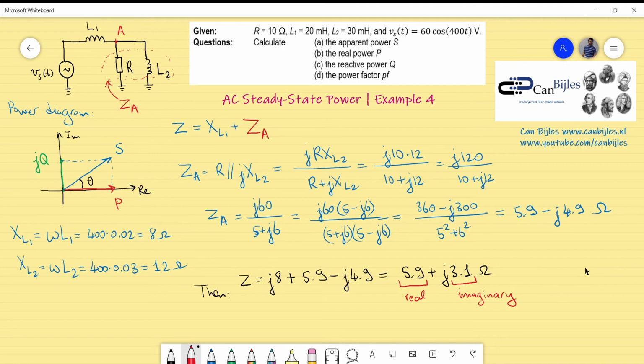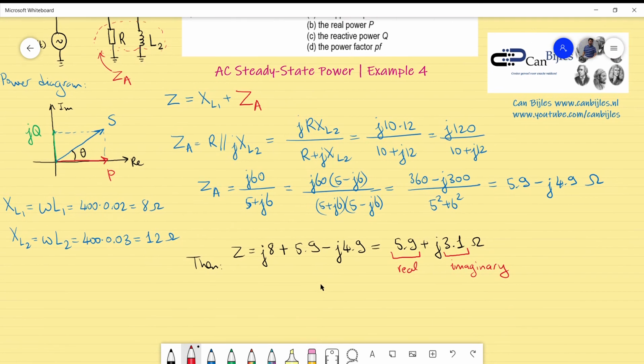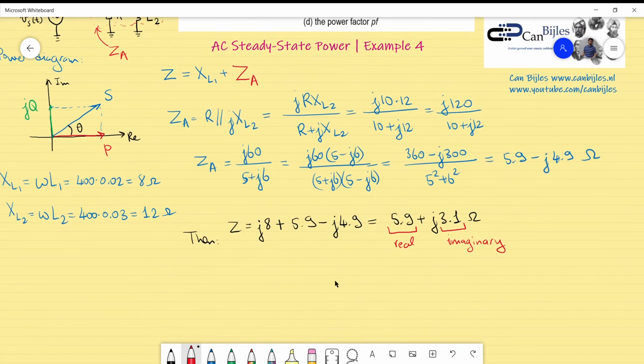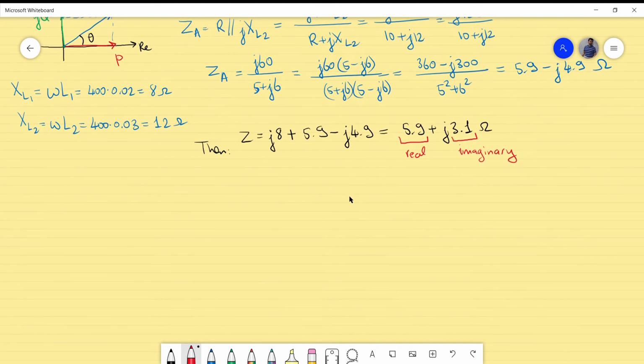So this is the total impedance in real and imaginary parts expressed here. Now if I make a drawing, it will help also for the impedance. So let's make an impedance diagram. So how does it look like? Again, we are in the positive side of the phase, so I will have the real part here and an imaginary part there.